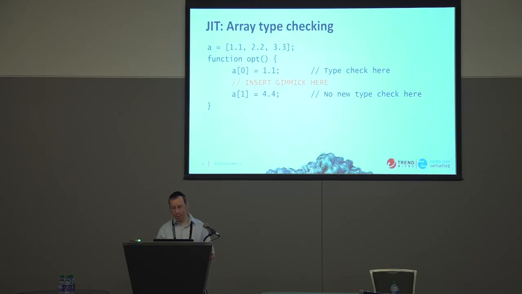Well, we're going to have to figure out how to write some gimmick that the compiler will think is harmless, while it really changes the type of the array. Because the compiler thinks that the gimmick cannot change the type of the array, it won't insert a second type check before that second array access shown. For the sake of performance, it will rely on the type check that it performed at the first array access.